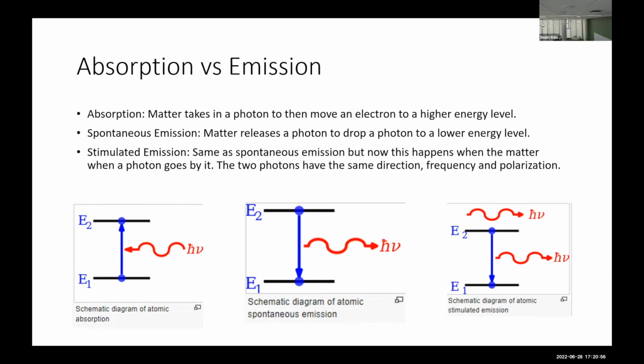Polarization means it'll have that same wave in the same direction, such that if you were looking at them side by side, you'd only see one because they'd be perfectly covering the one behind it.